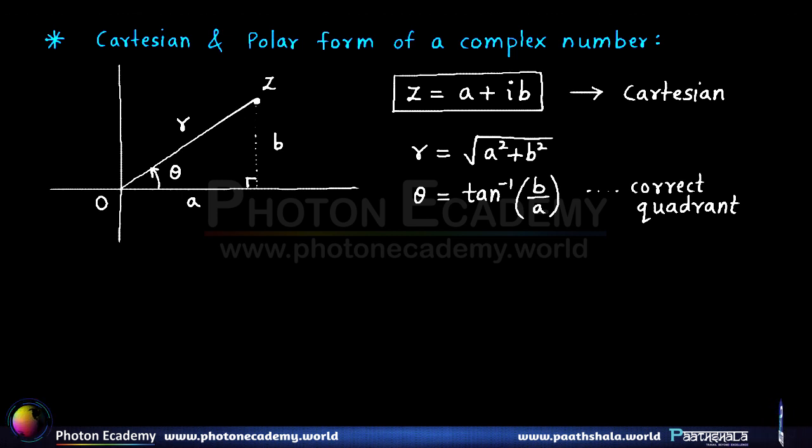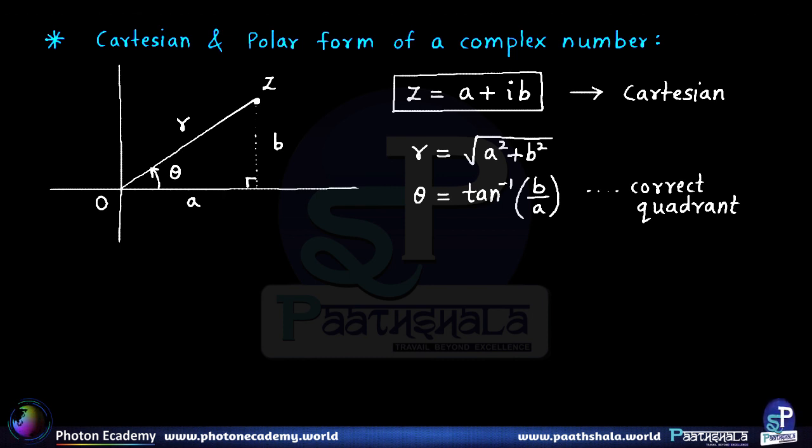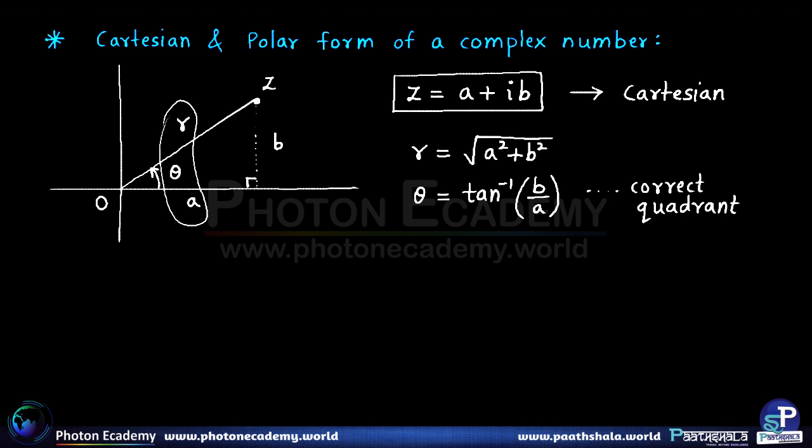Now if we want to convert from polar to Cartesian, that is suppose we know R and theta and we want to get A and B. So let's look at the first possibility, that is we want to get A from R and theta. Now look at these particular highlighted terms. These three terms R, theta and A are related with the cos relation.